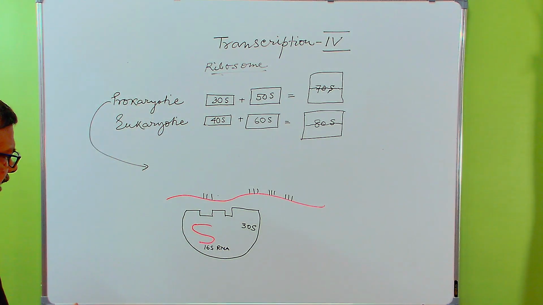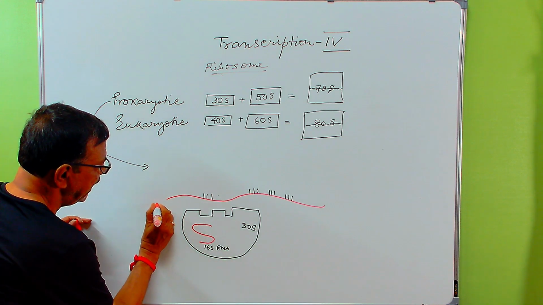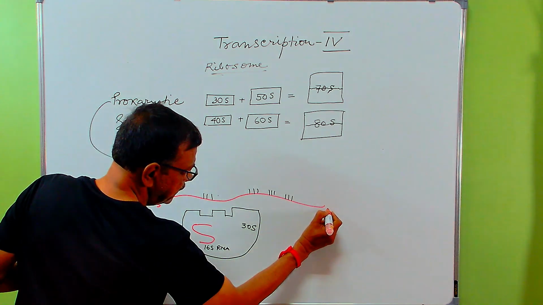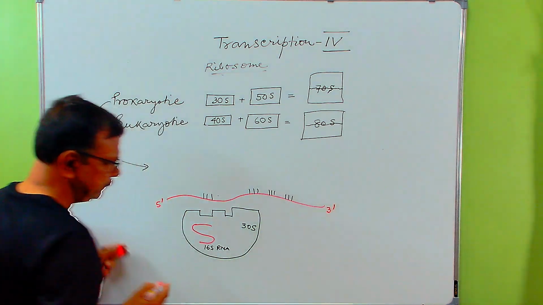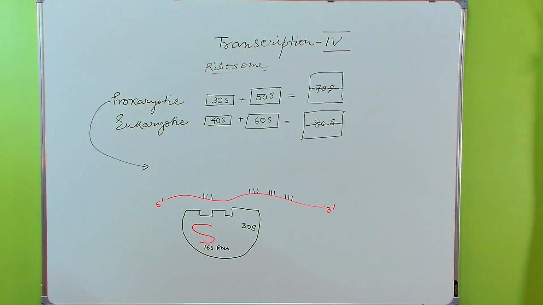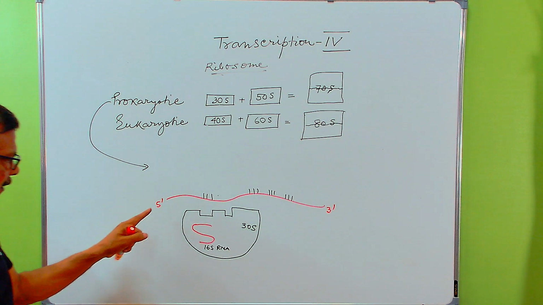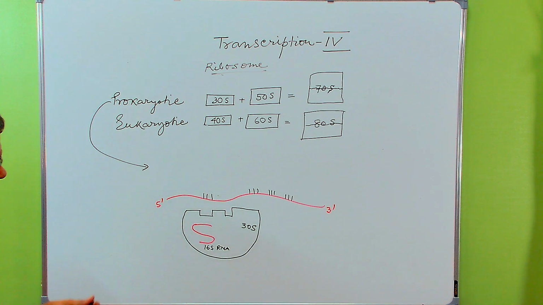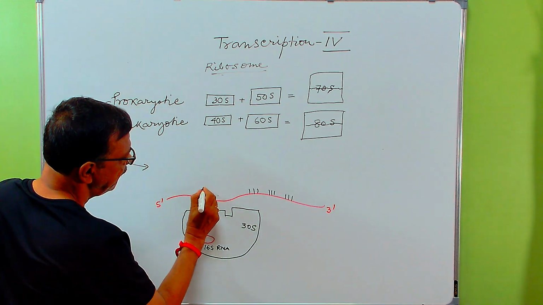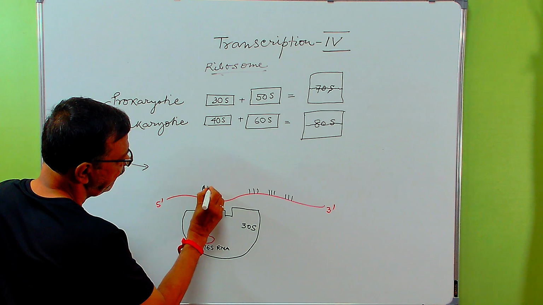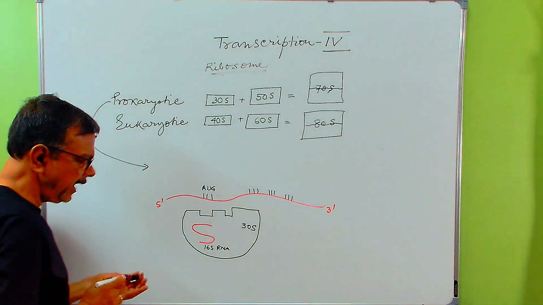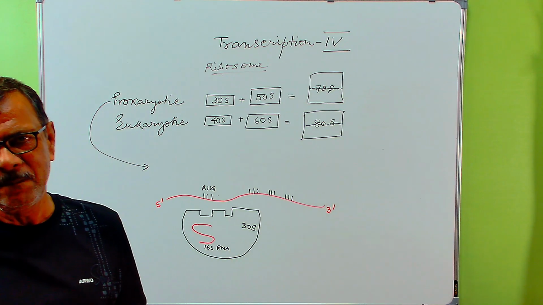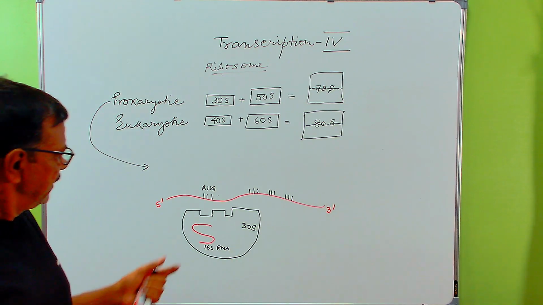And it starts from 5 prime to 3 prime. If you start from 5 prime to 3 prime, you will get AUG, the initiation codon, the initiator.